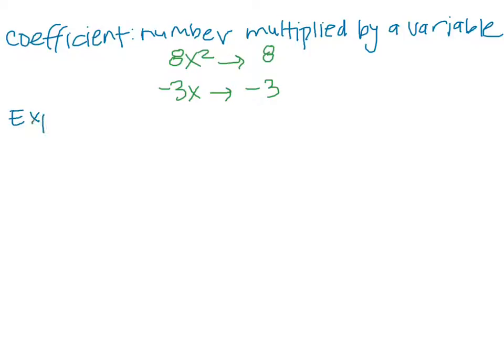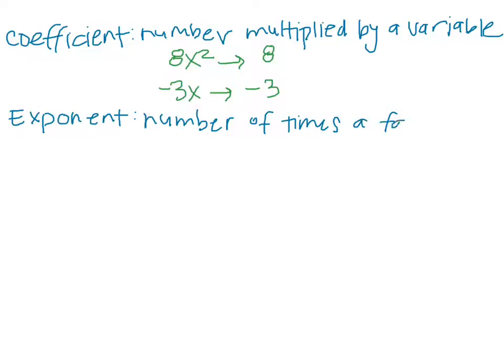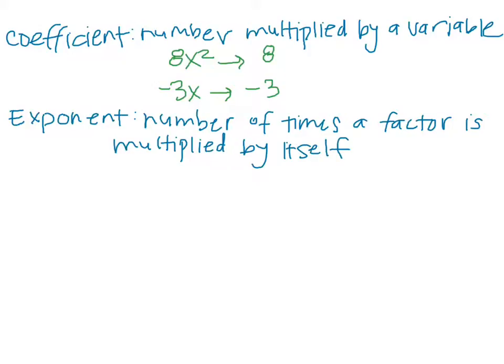Our next word is exponent. And an exponent is the number of times a factor is multiplied by itself. So going back to our original expression we looked at, I have 8x squared.